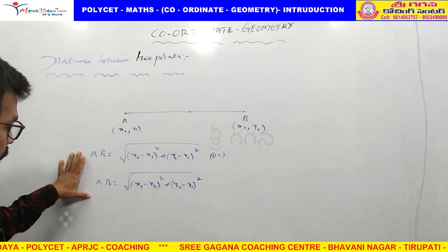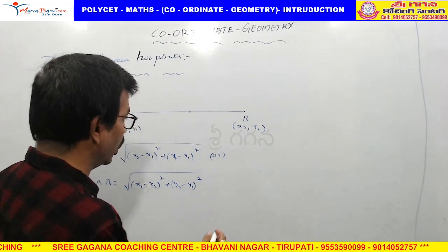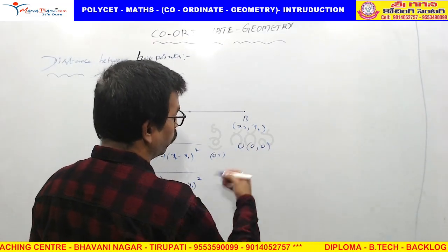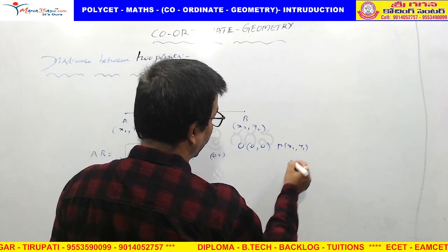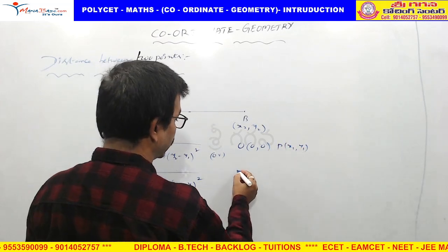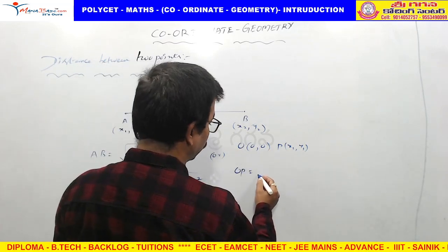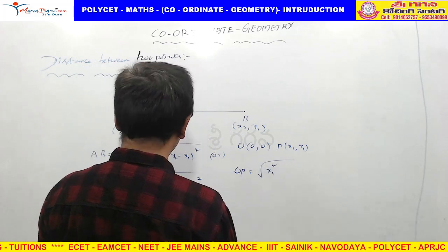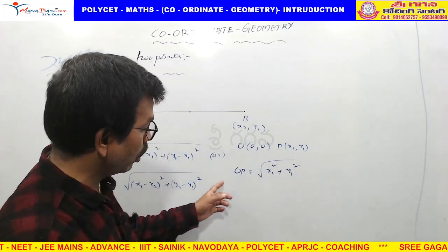Okay, it doesn't matter. If you take the origin, how to write it? Origin means always 0 comma 0. One more point I am taking, P, x1 comma y1. Then how to write the distance between these two points? OP equals, 0 minus x1 means x1 will come, so under root of x1 square plus y1 square.